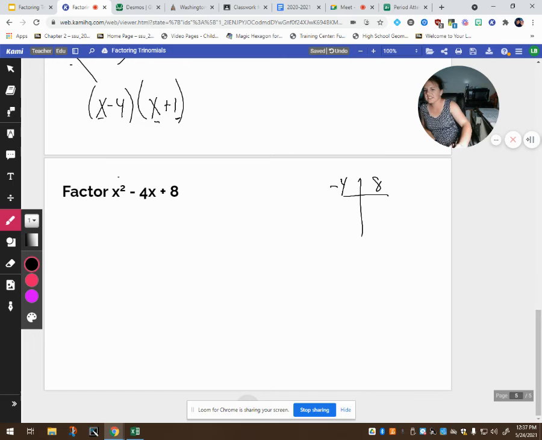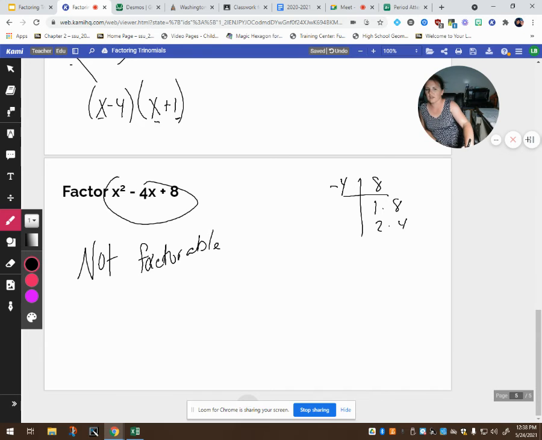So that means that this is prime and cannot be factored. Not factorable. So there's nothing that multiplies to give me 8. We've got 1 and 8, 2 and 4, negative 1 times negative 8, negative 2 times negative 4. None of those will add together to give me negative 4. So we say this is not factorable.